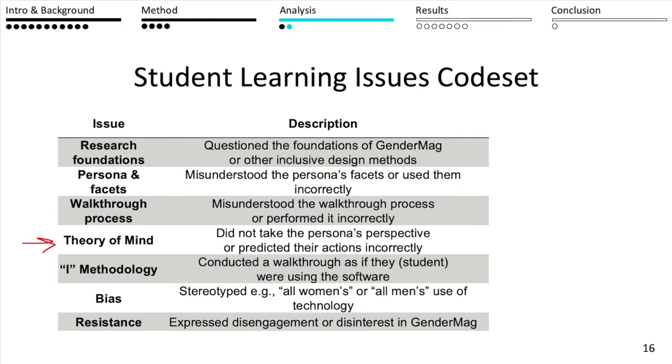And another one is some students started taking what the faculty members were saying and turning them into a propensity to over stereotype, saying things like women do this and men do that.